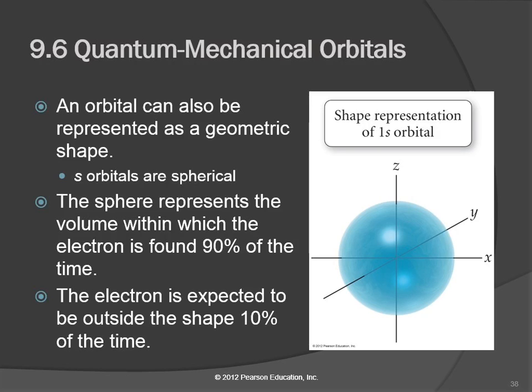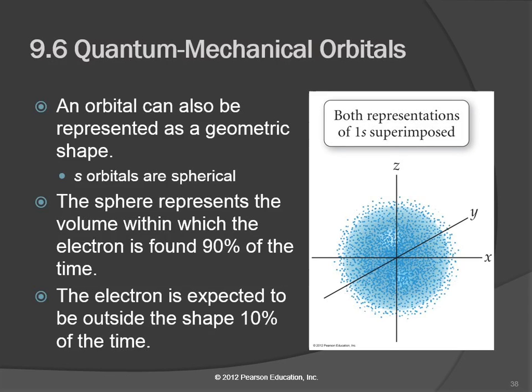Okay? If we superimpose the dot representation and the geometric, we see that there are some dots outside that solid sphere, because the electron is not always inside that area.